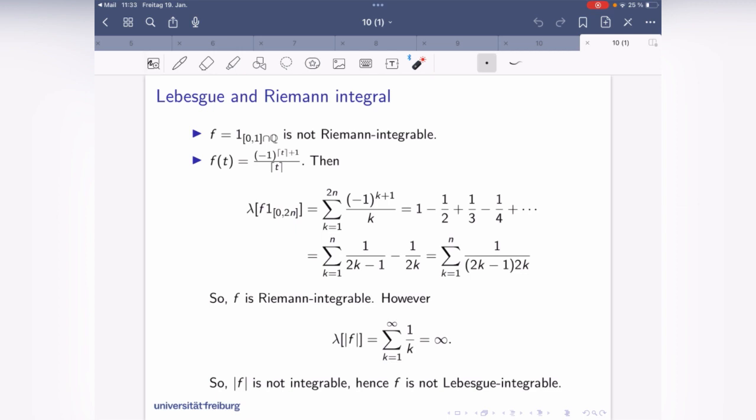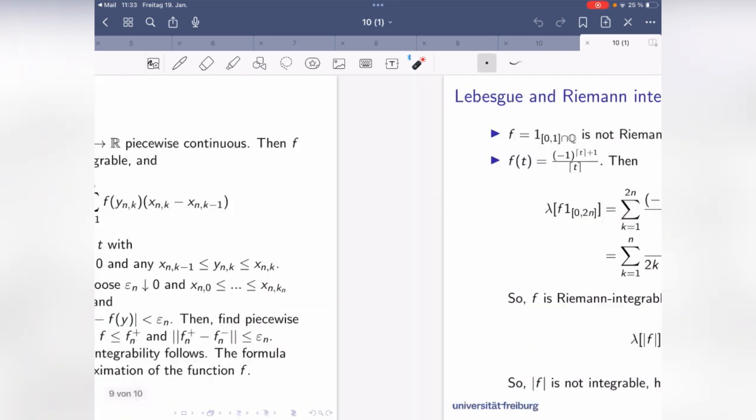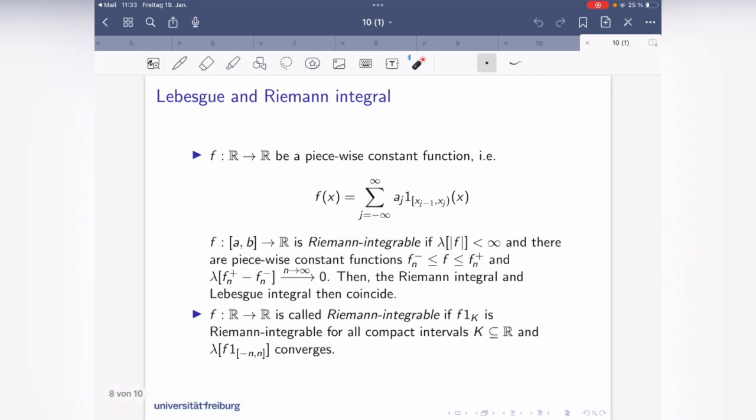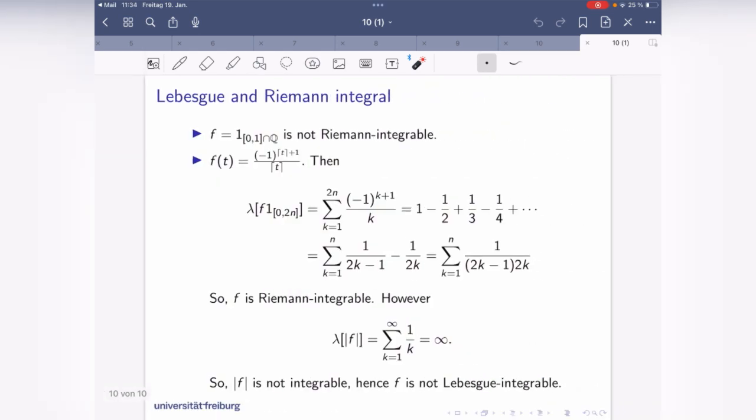For the second example, we already saw that Riemann integrable functions are always Lebesgue integrable, with one exception. And the exception is, well, here is the thing. You define the Riemann integral only on compact sets, and then you let the compact set grow to the whole set and define the Riemann integral by this. And we can do this, for example, for this function here.